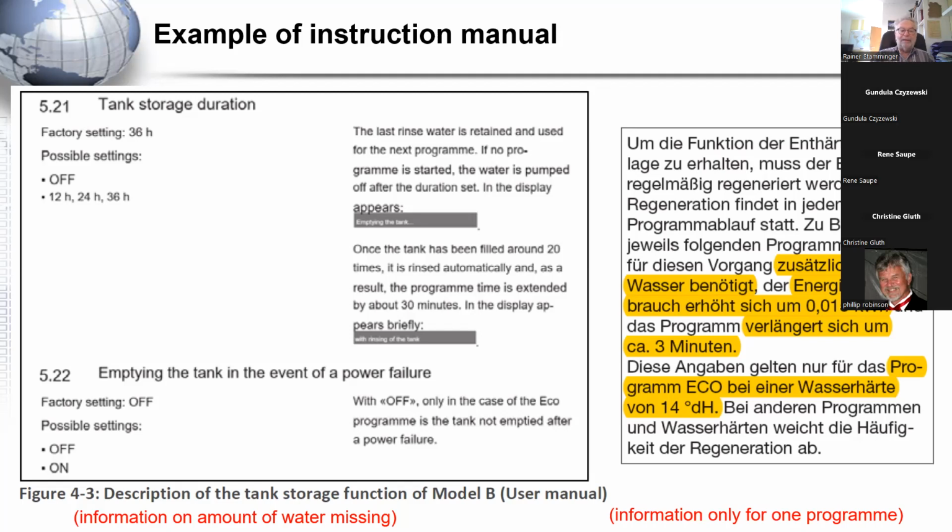Here it is described that there is additional consumption, quite clear, but the information is only valid for the eco program at a water hardness of 13 degrees German hardness, which is not the right information we want to see, because the standard is suitable for testing all kinds of programs, and we don't want to have only eco programs tested. So there is room for improvement to get this done better, but the basic is available, which is the measurability of those IRFs.